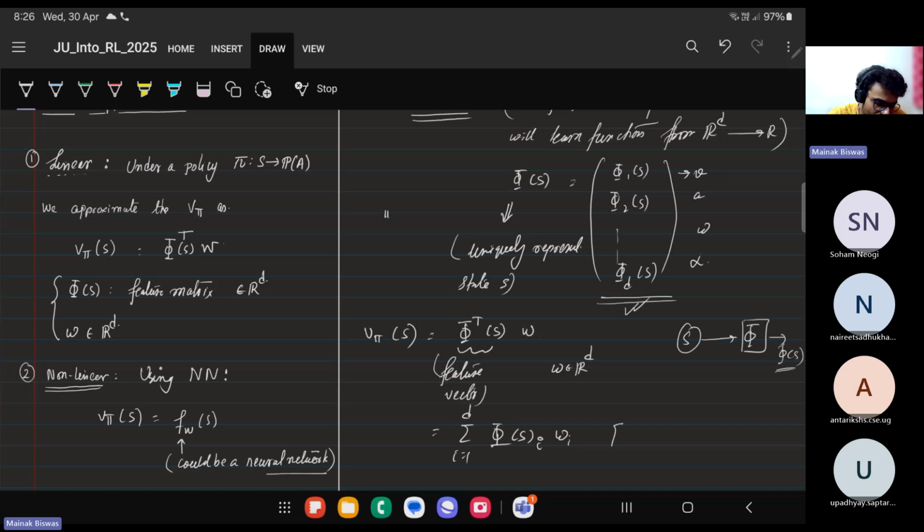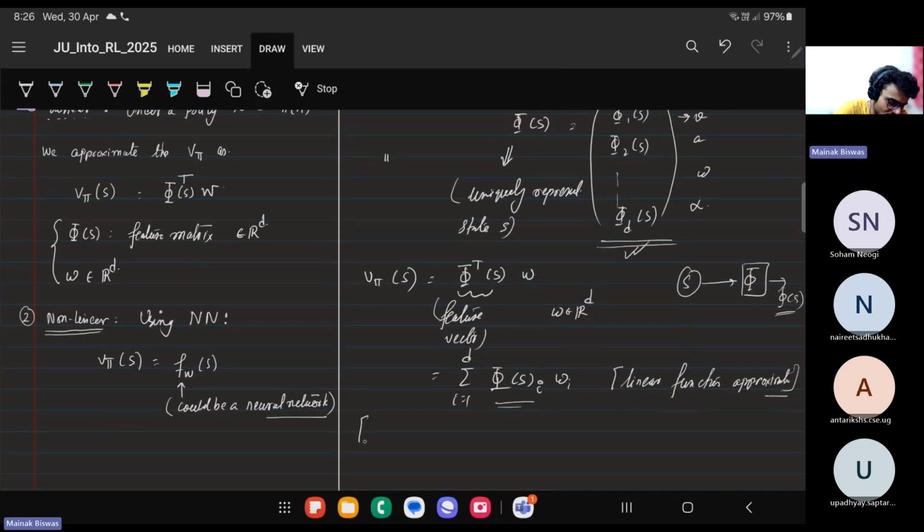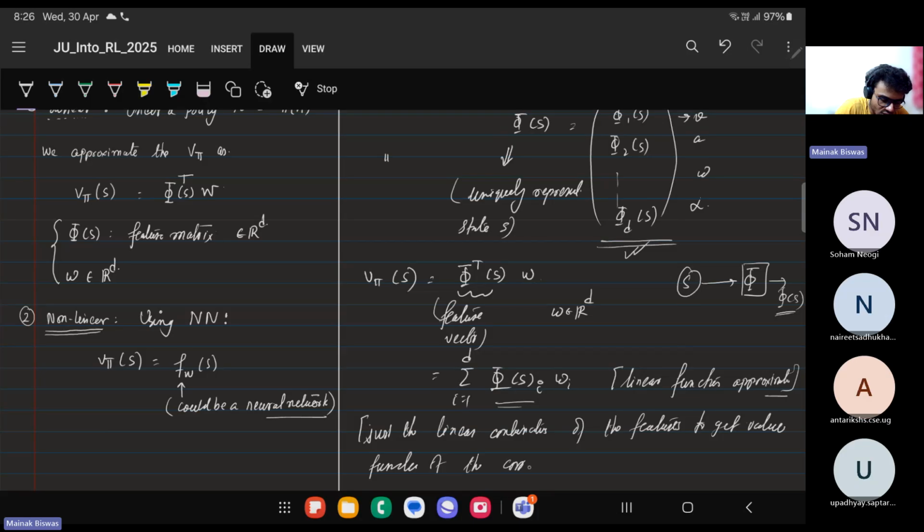So this is a linear function approximation. It is just the linear combination of the features to get the value function of the corresponding state.